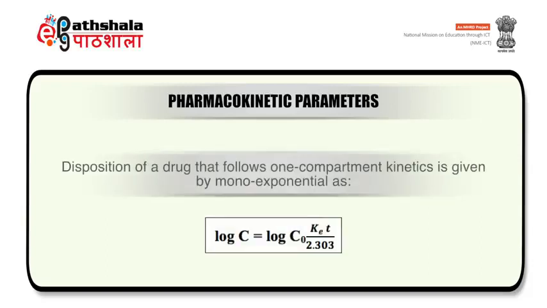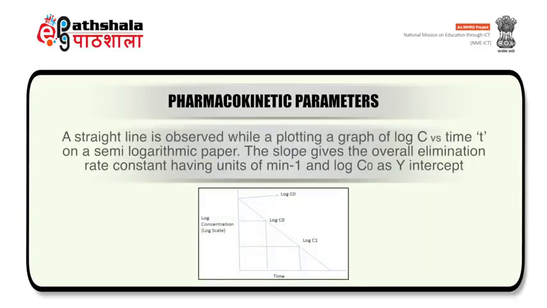Disposition of a drug that follows one compartment kinetics is given by a mono-exponential equation, which can be transformed into log form, and the final equation comes out to be log C = log C0 - Ket/2.303. When this equation is plotted, a straight line is observed when log C versus time t is plotted on semi-logarithmic paper.